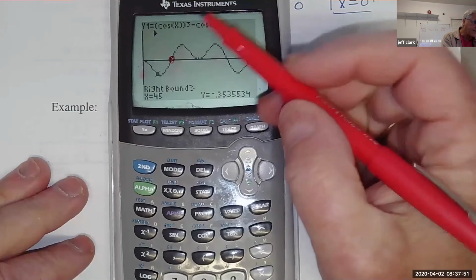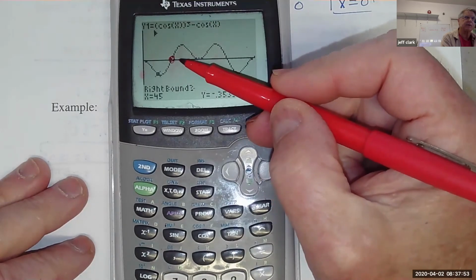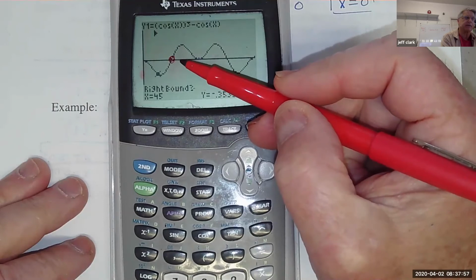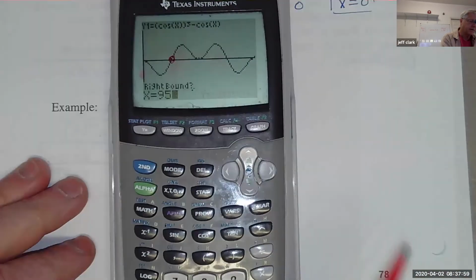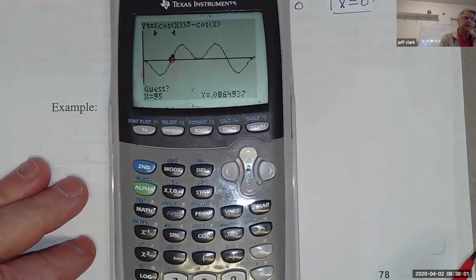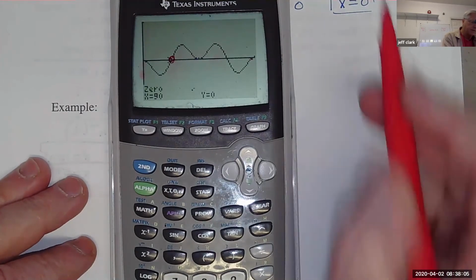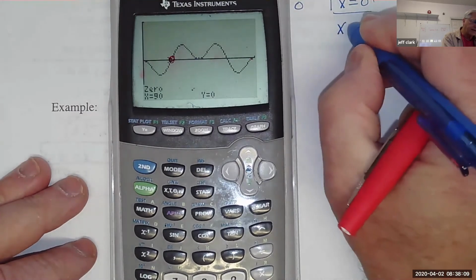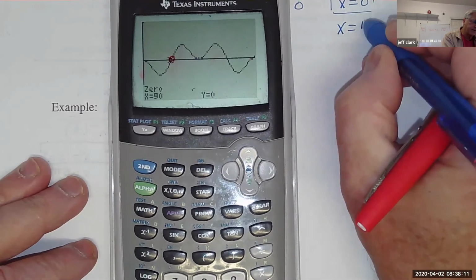And then right, if I think that's 90, pick something to the right of 90, like 95 degrees. And hit enter. Yep, 90 degrees. So what's the radian measurement for 90? It's pi over 2.